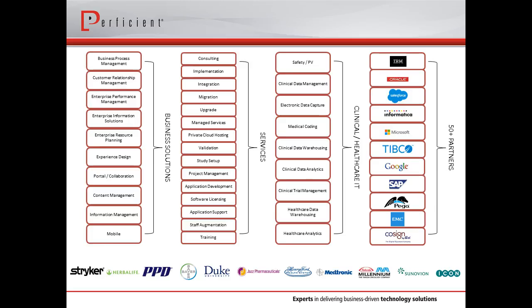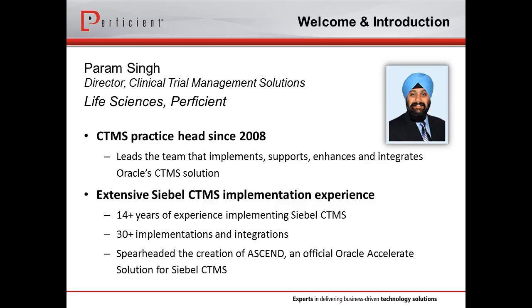But when it comes to life sciences specific IT applications, we cover data management, EDC, safety and pharmacovigilance, clinical trial management, and data warehousing analytics. And finally, Perficient has many different software partners, including, of course, Oracle, which is the maker of the CTMS we'll be discussing today. So that does it for the overview of Perficient and our housekeeping items.